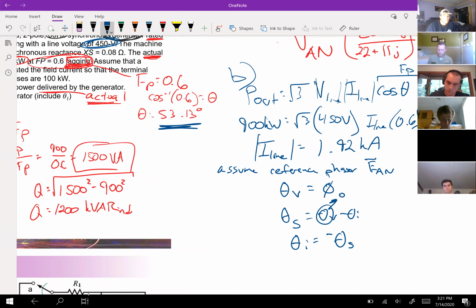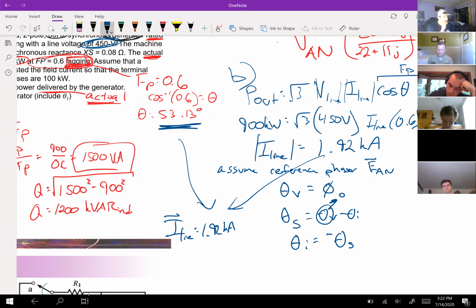So now I can combine both of those together. And I can say that I line, or I delivered, IA, is 1.92 kiloamps, angle negative 53.13.